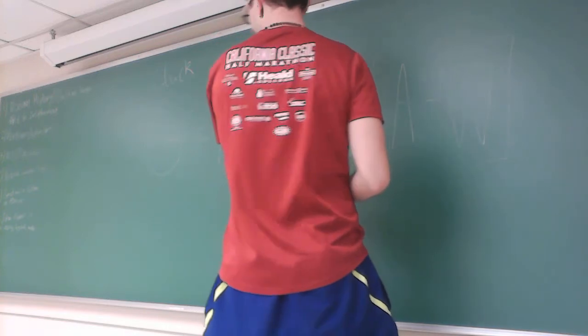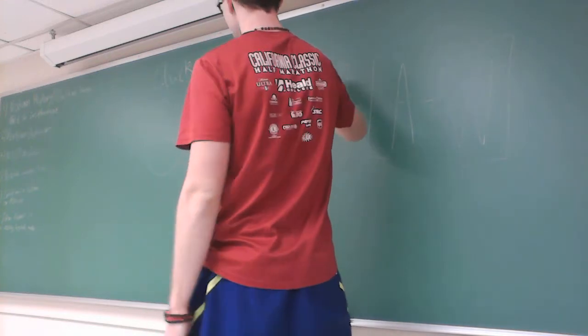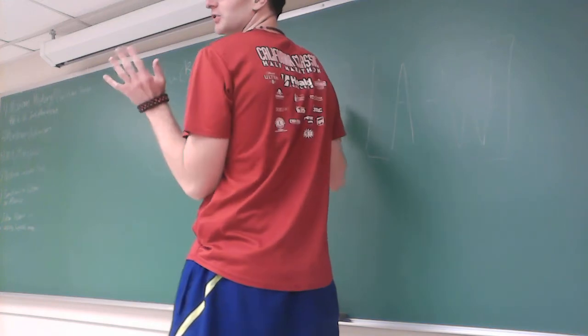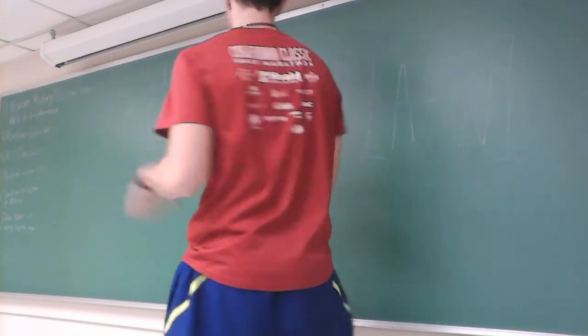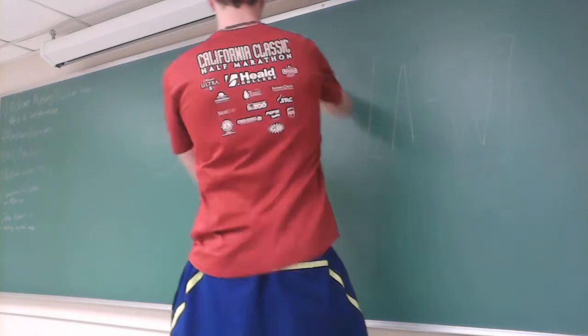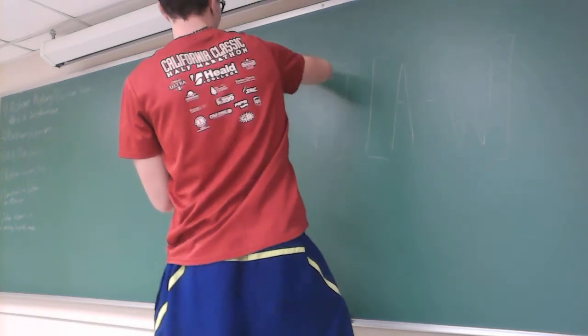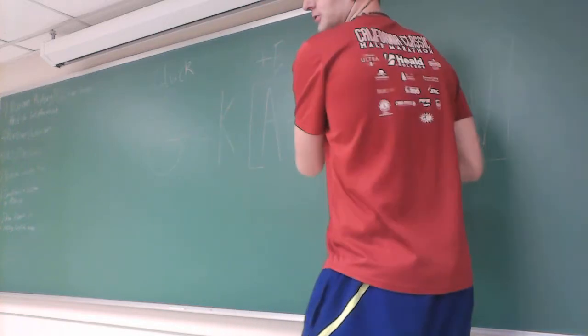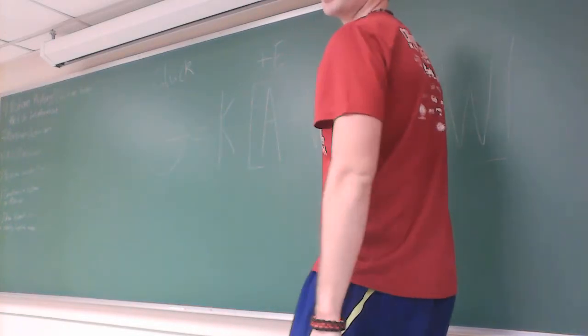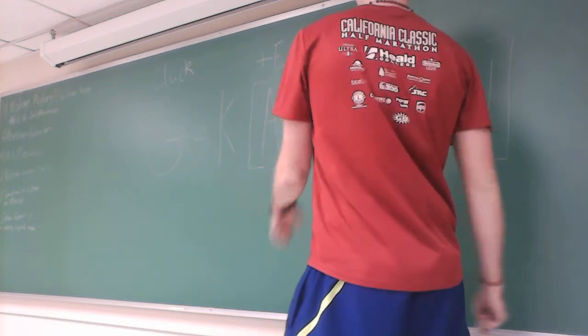You have A, which is energy that you spend on good work, like going for a run or doing something smart. That's good work that you spend. So positive E, positive energy. And then W, it's probably German for something. I don't know German.